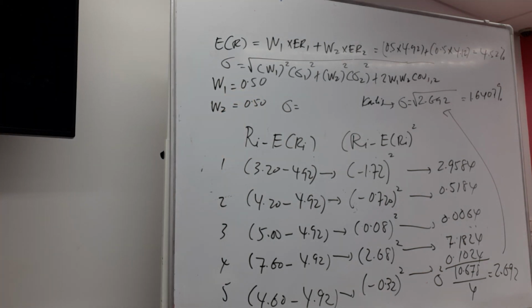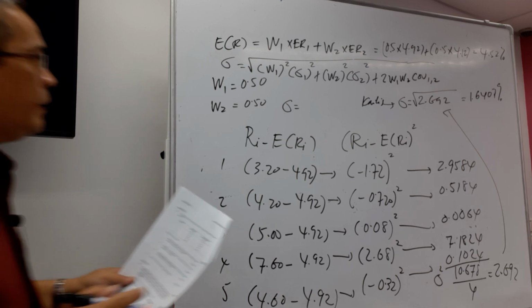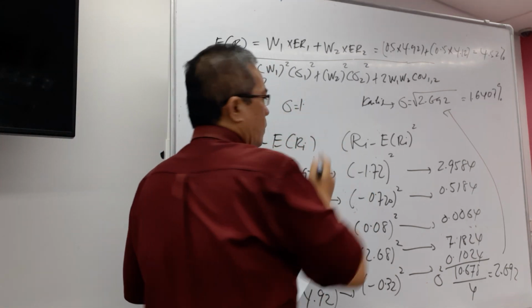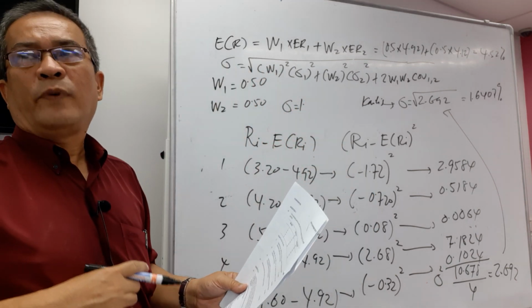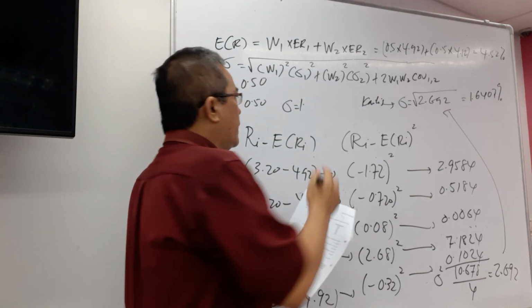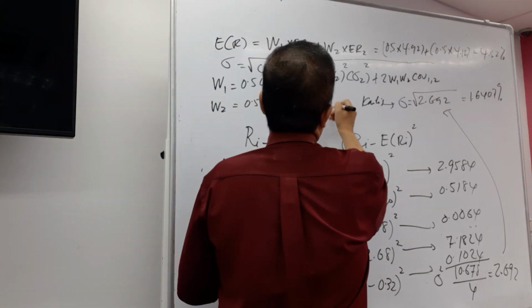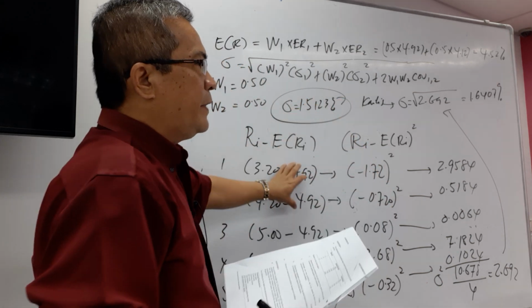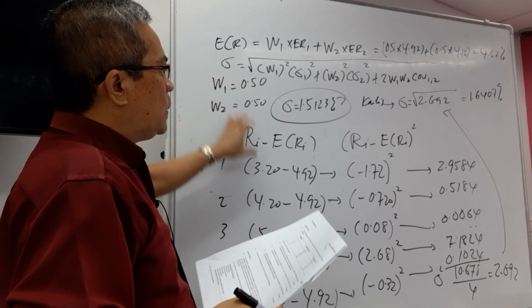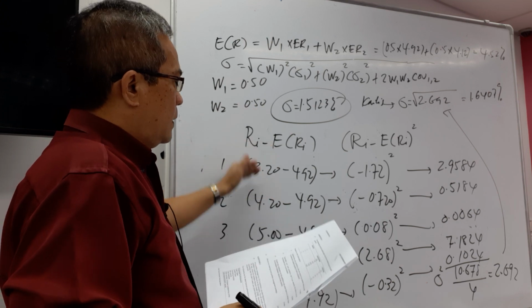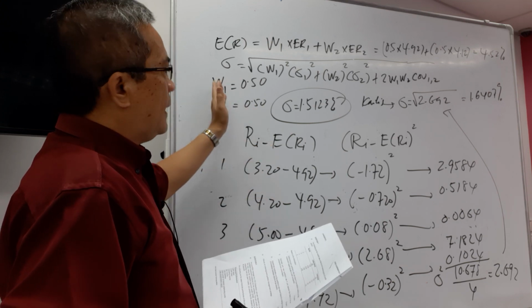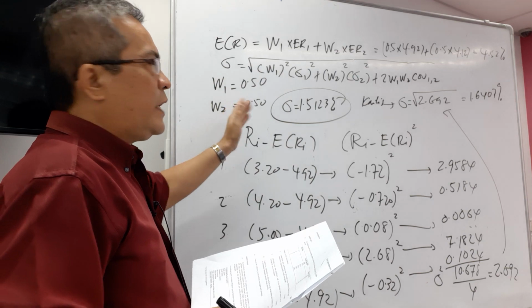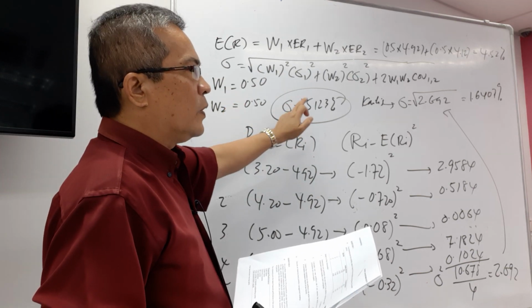Look at the answer scheme: 1.5123%. I do not show you how to get the figure, but you simply follow the steps like what we did for Kylie's.